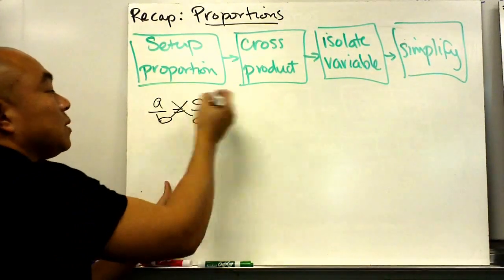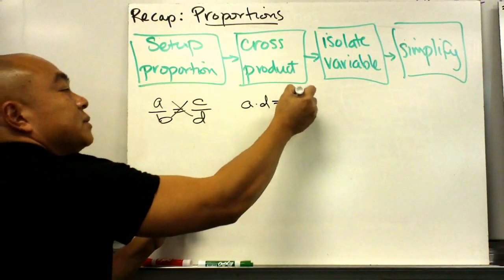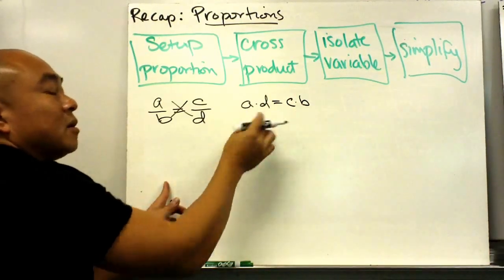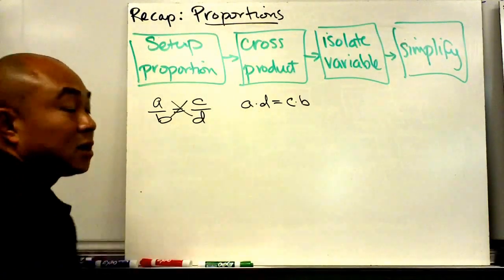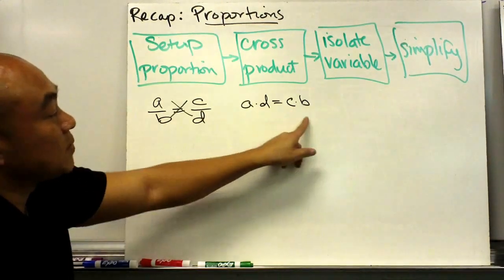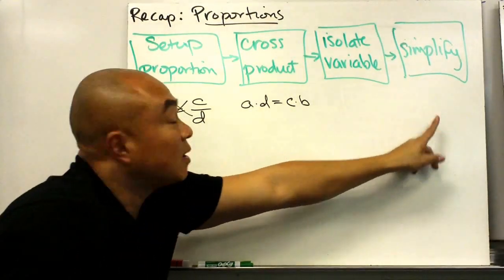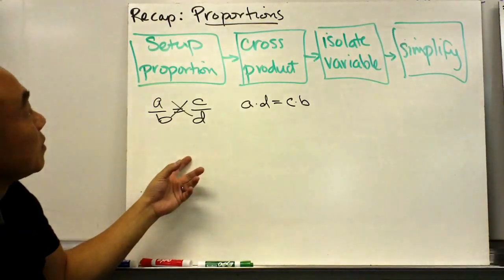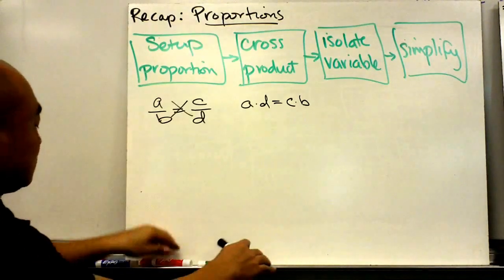So if you cross multiply them, you're going to have A times D is equal to C times B. And again, these could flip-flop in any order because it really doesn't matter. If I take A times D or D times A, it's still going to give me the same exact answer. Depending on which one is my variable, we're going to isolate it, and then finally we're going to simplify the answer at the end. So, again, this is your basic recap of your proportions.